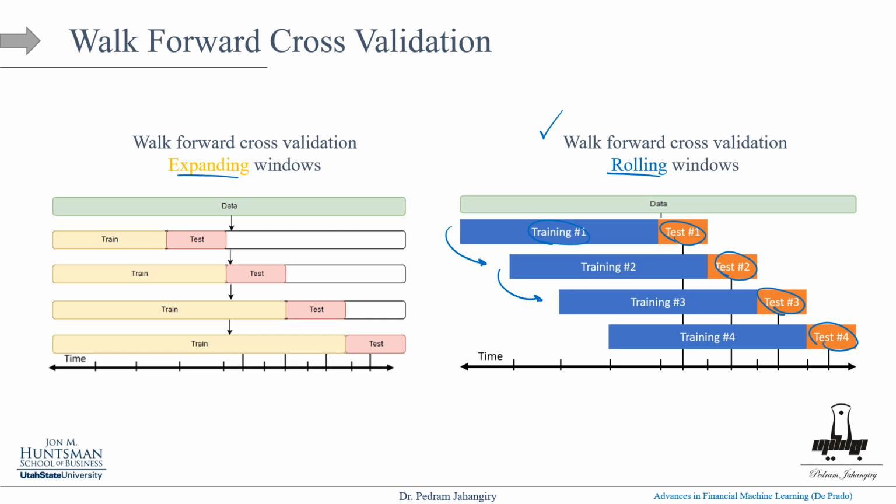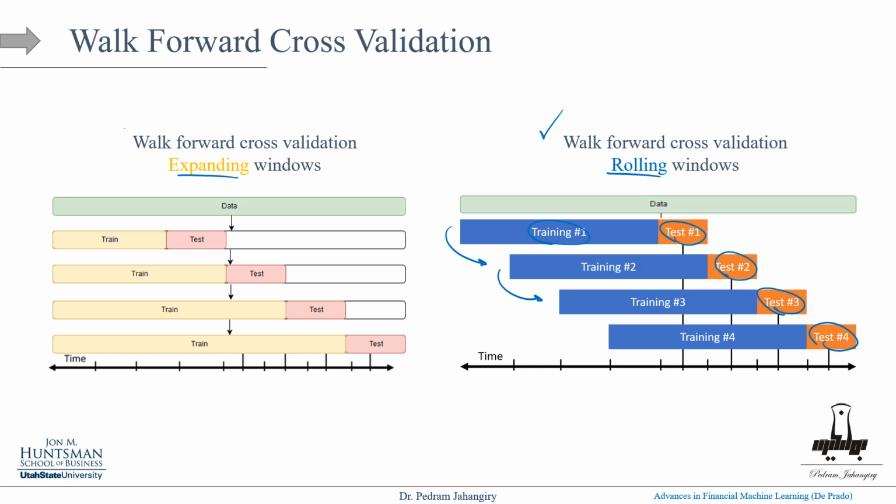So it's not quite practical to use information from 10 years ago when you want to study the behavior of Apple stock price today, right? So maybe you should use rolling windows of 1 year or 6 months. So that's the idea of walk-forward rolling windows cross-validation.